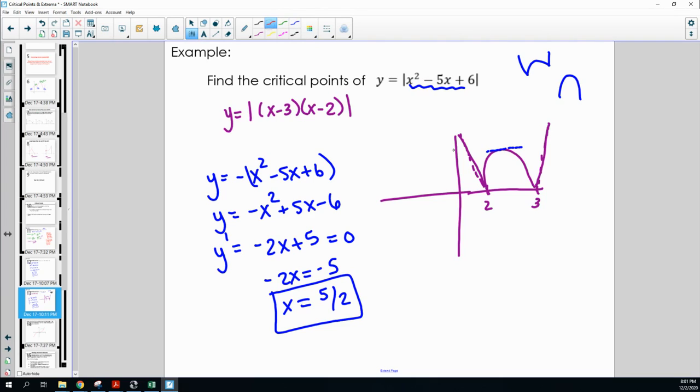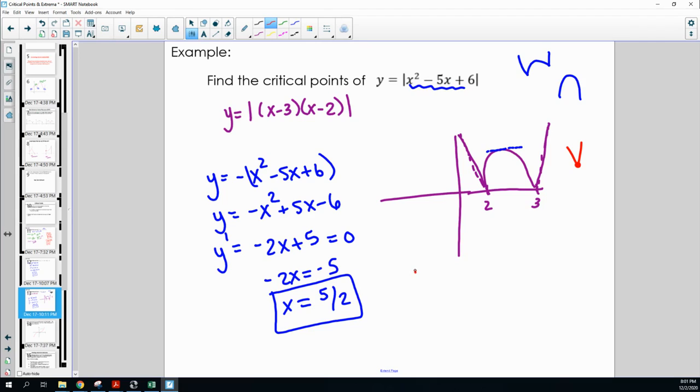Now notice at 2 and at 3, we have those points where it's not differentiable. Remember we talked about differentiability and we said when we have a V, that's not differentiable. My bad drawing is hard to see, but we really have a V at 2 and a V at 3.